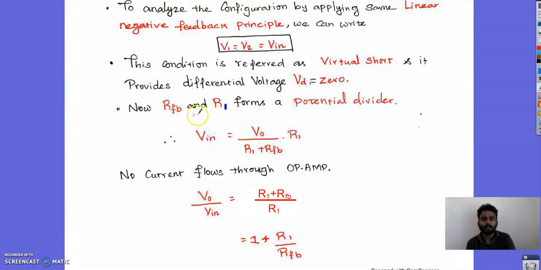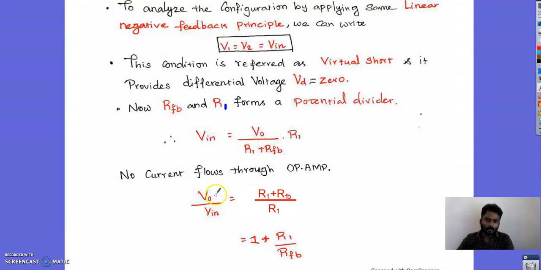So the input voltage with respect to the output voltage becomes the output voltage divided by R1 plus RFB, that is input resistance plus feedback resistance, into the input resistance, which gives the input voltage. As in the previous inverting amplifier, I have said there will be no current flowing through the operational amplifier.